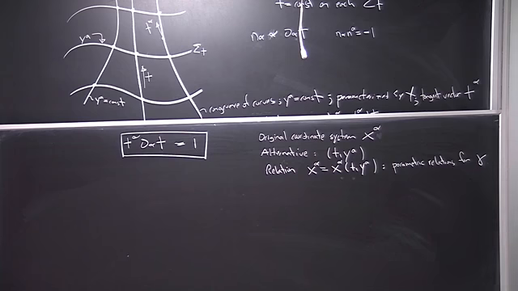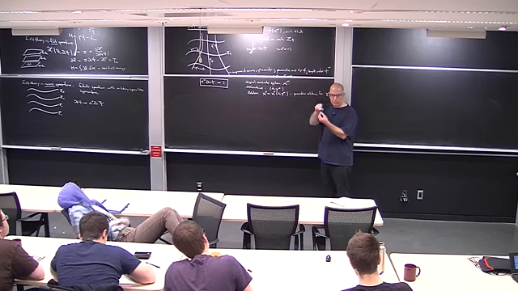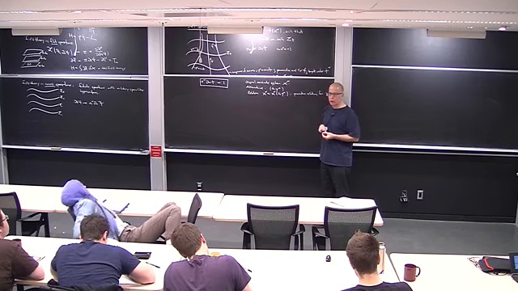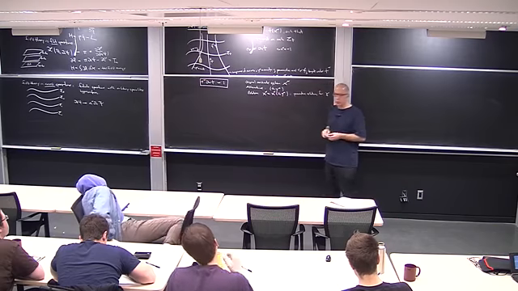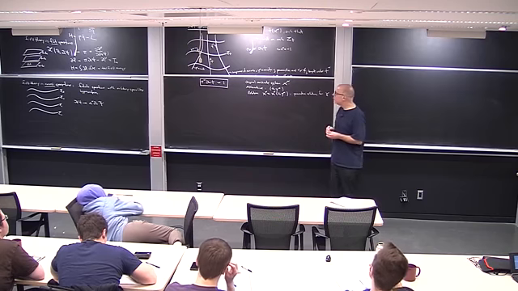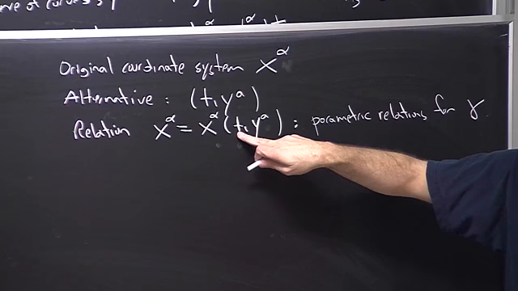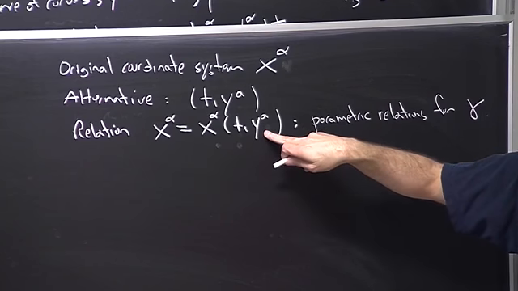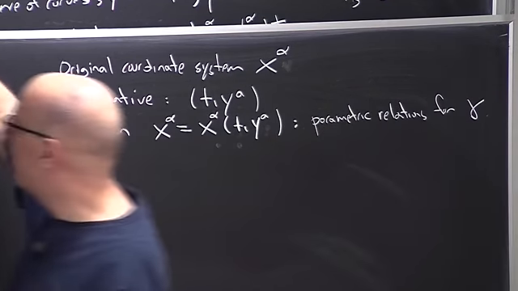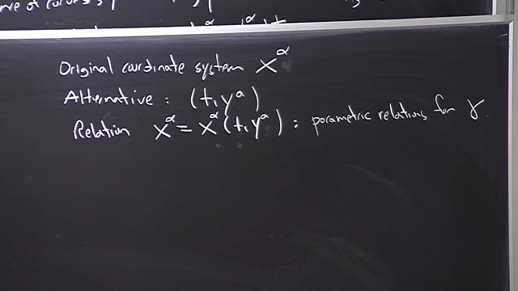Because what those equations say is that if ya are treated as parameters and I vary t, I'm picking a curve and I'm moving along the curve. And that equation would describe the displacement along the curve. But I can do it the other way, which we've done before. We can say, let's keep t fixed and let's vary ya. And doing that, I'm basically constructing displacements on each hypersurface.